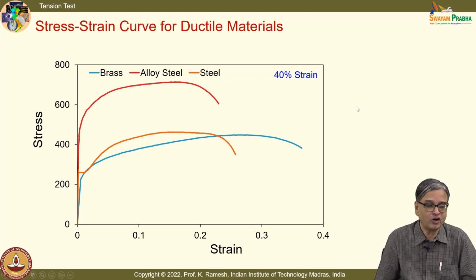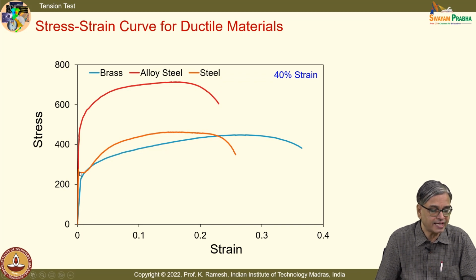I have drawn it for 3 materials. I have drawn it for brass, that is the blue curve that you have, and I have drawn it for alloy steel. And when I say steel without any adjective, it is understood as mild steel. And you have the mild steel which is shown.